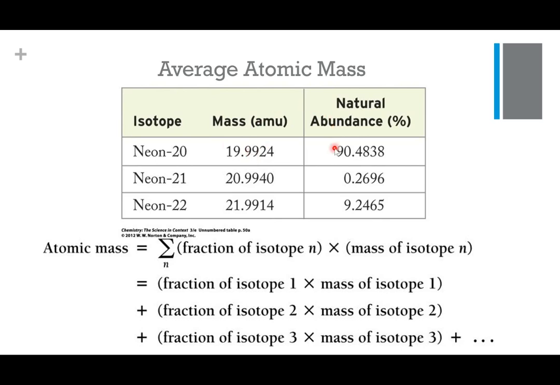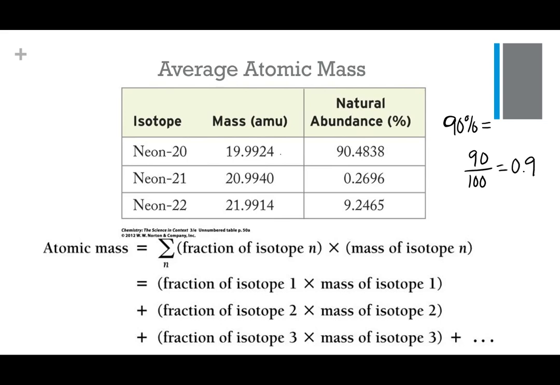The one thing to keep in mind, though, is we're not going to multiply, for example, this 19.99 by 90. We're going to multiply that by the fraction or the decimal version of this. Remember, this is a percentage, and we don't typically multiply with percentages. So we need to change 90% into a decimal. 90% is defined as 90 over 100, which is just 0.9.